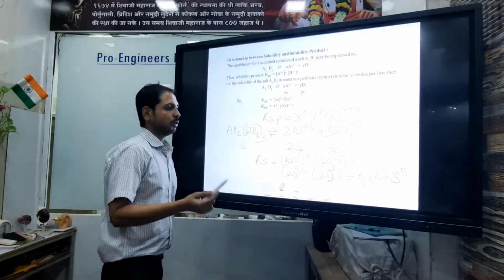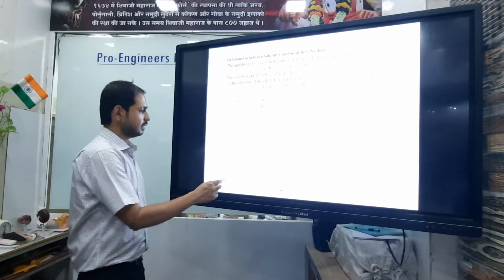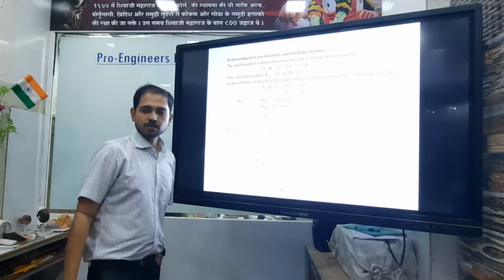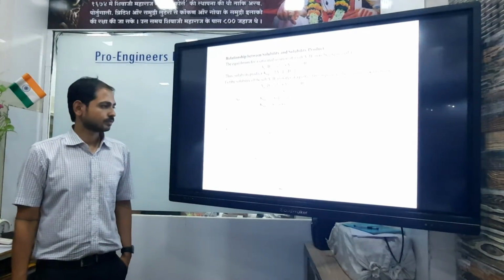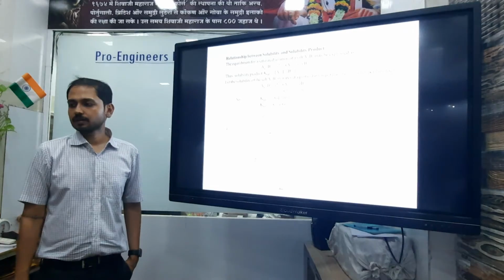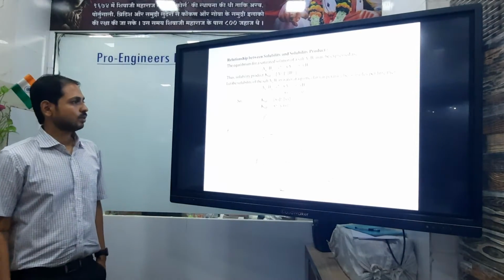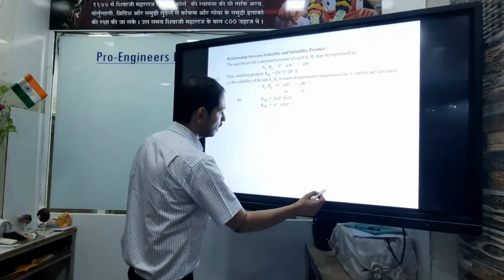So 4 into 27, 108, S raised to 5. This is how we get the relation between KSP and the solubility, right? Now there are some other examples in the book, so try to solve the other examples.